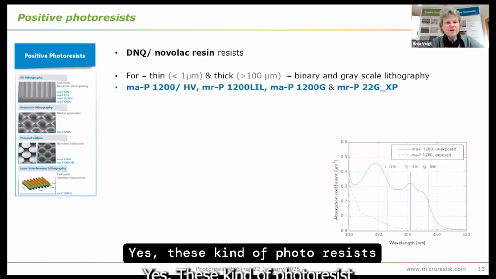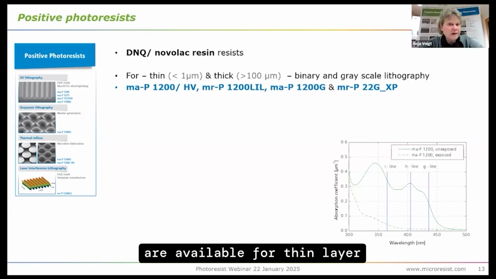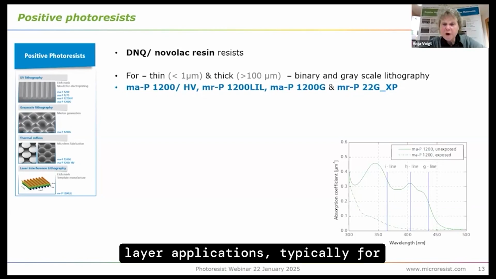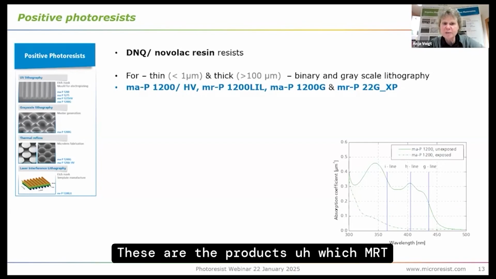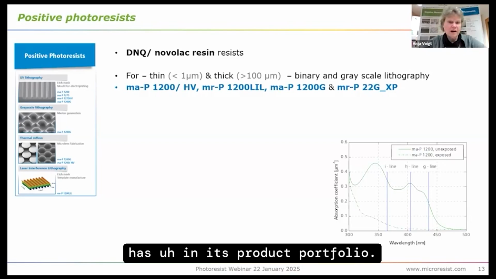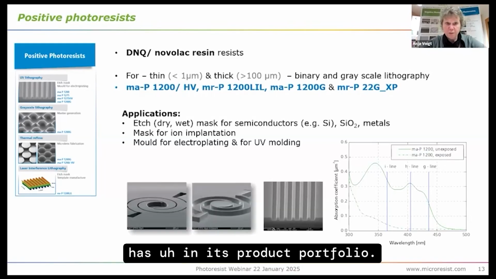Yes, these kinds of photoresists are available for thin layer applications as well as thick layer applications. Typically they are used to generate binary patterns, but can also be used to generate grayscale patterns. These are the products which MRT has in its product portfolio.